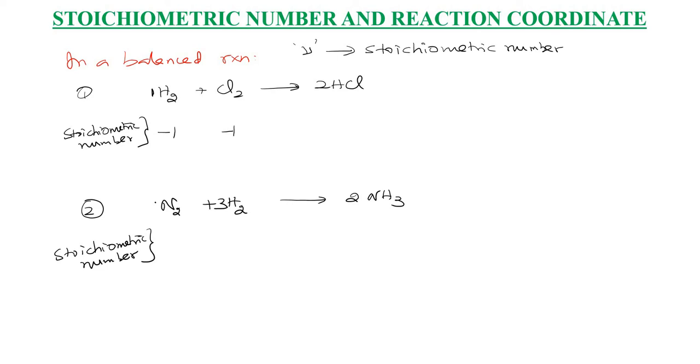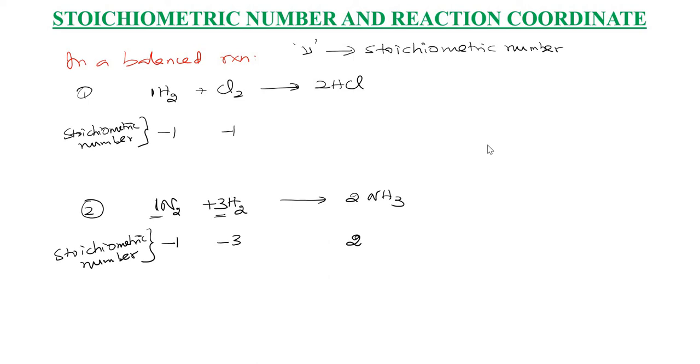Here I have 1 mole of nitrogen and 3 moles of hydrogen. Nitrogen and hydrogen are reactants, so the stoichiometric number for nitrogen is -1 and for hydrogen is -3. For product, it should be a positive quantity, so for ammonia it is 2. Okay, so this is the stoichiometric number.